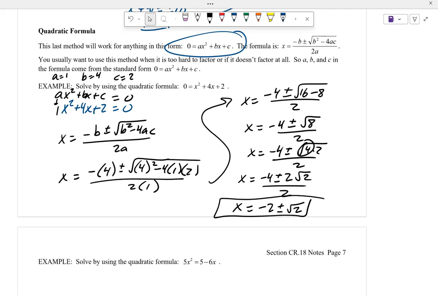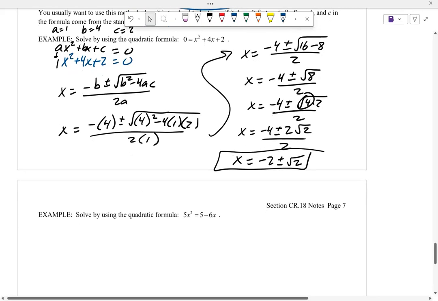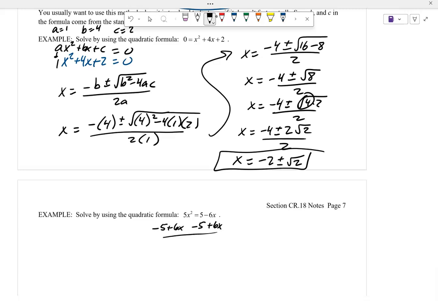On the one down below that, hopefully you notice, oh, that's not equal to 0, right? So we got to get that one side equal to 0. I like my a to be positive, so I'm going to take this stuff over to the left-hand side. So I got 5x squared minus 5 plus 6x, except I got to write that in standard form: 5x squared plus 6x minus 5.